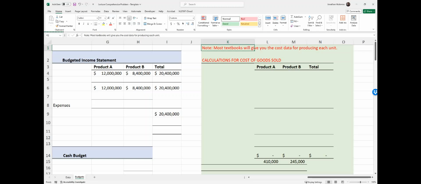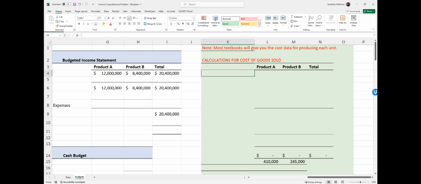They'll tell you how many products were sold and the cost for each product that was sold. So all you need to do is take the number of products that were sold and multiply it by the cost per unit. So it will be straightforward in many textbooks, in many instances, or on the test. But in this case, I decided to make it a little bit challenging, just in case you run into a problem that is as challenging.